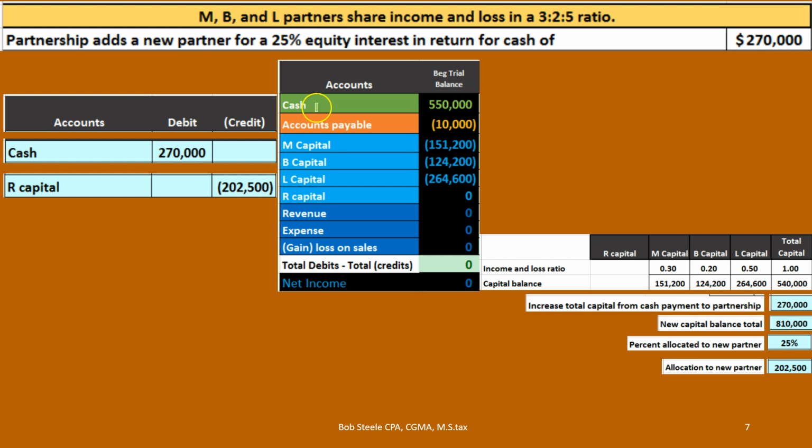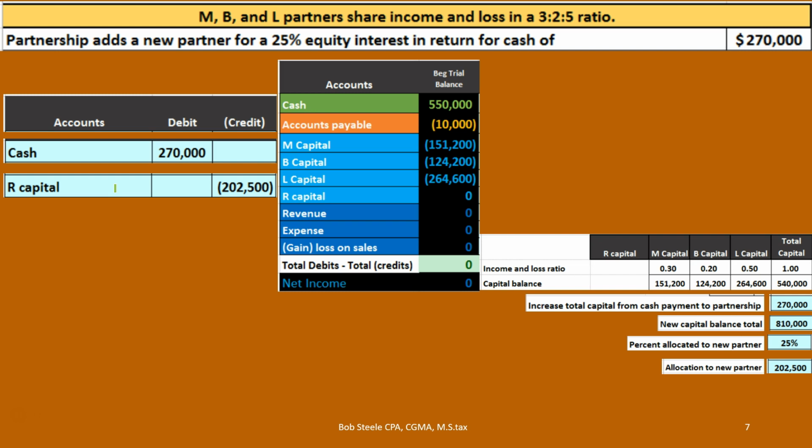So maybe the current partnership has a good name and good intangible assets, being goodwill or something like that, that will generate future revenue, and therefore the new partner R may be willing to pay more than what is being allocated to them through the agreement.